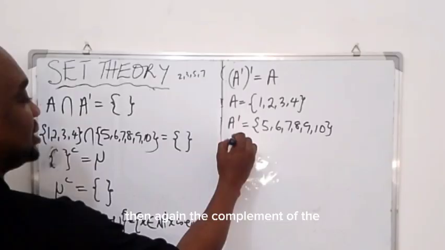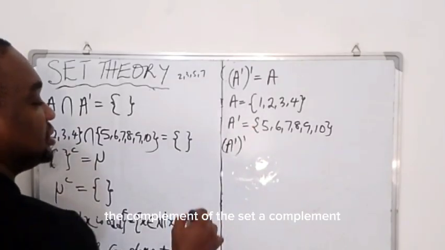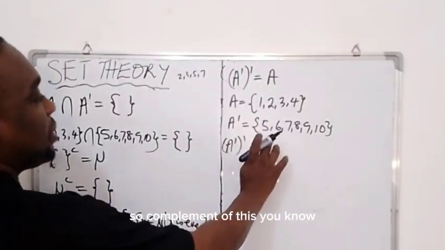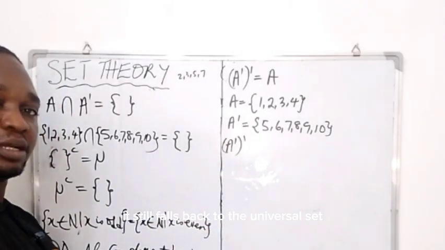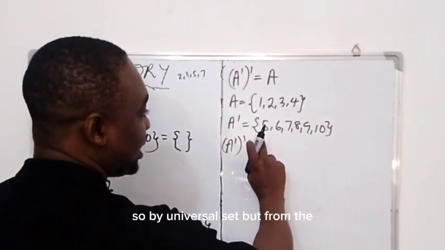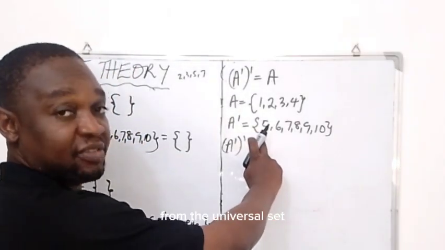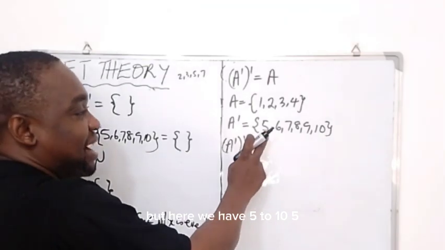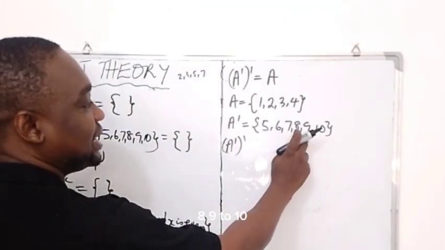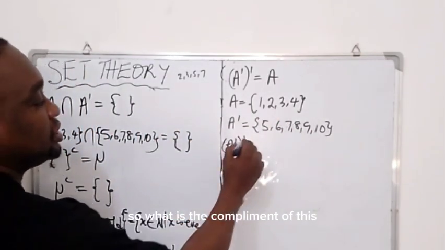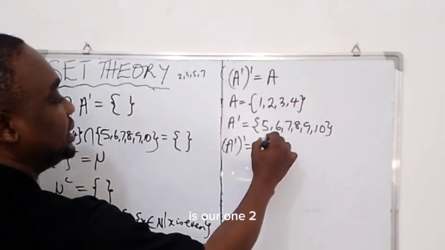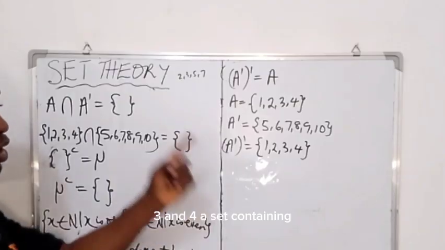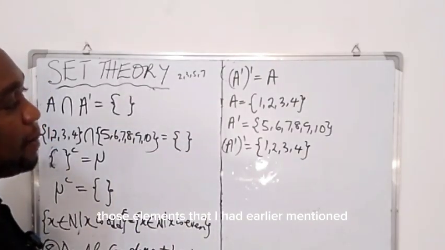Then again, the complement of set A complement falls back to the universal set. From the universal set, we have 1 to 10, but here we have 5 to 10. So what is the complement of this? The complement of this is 1, 2, 3, and 4, a set containing those elements that I had earlier mentioned.